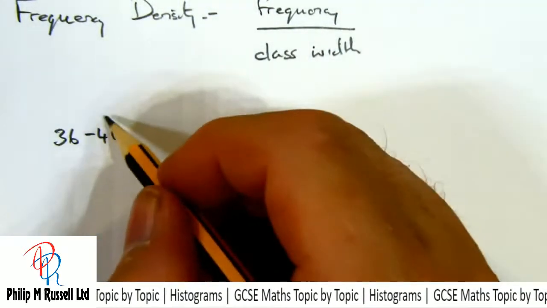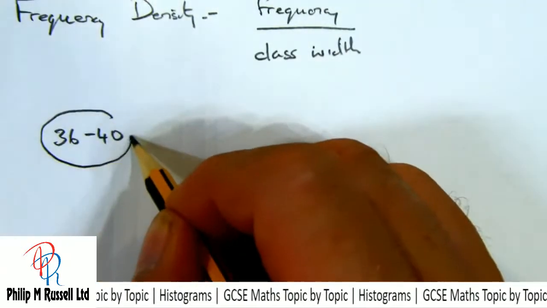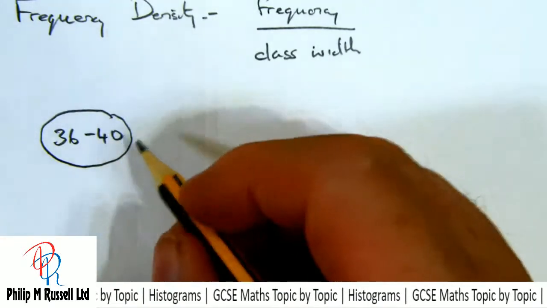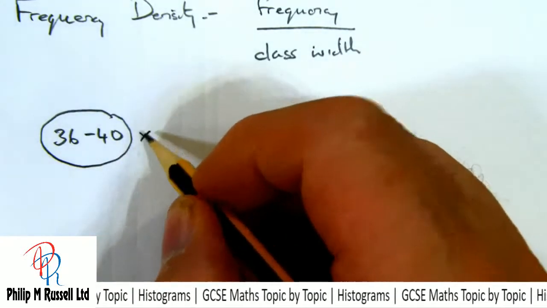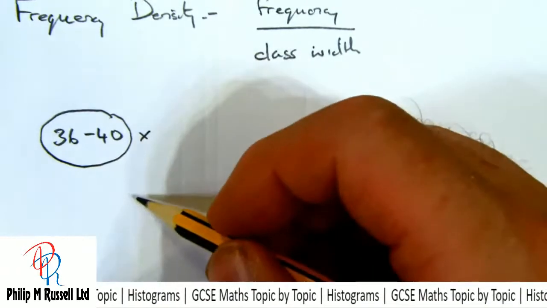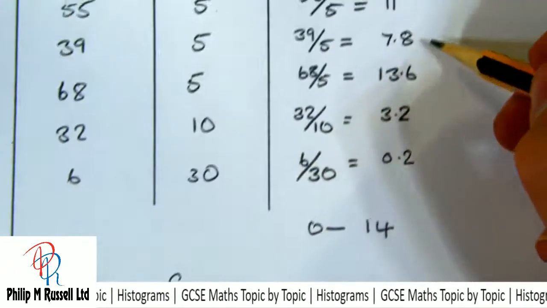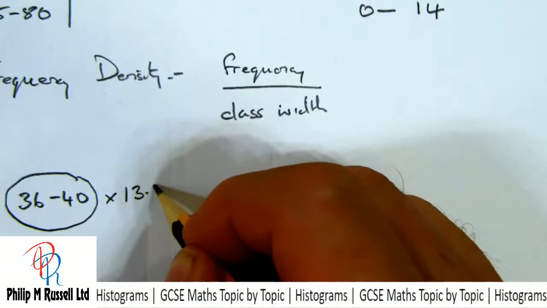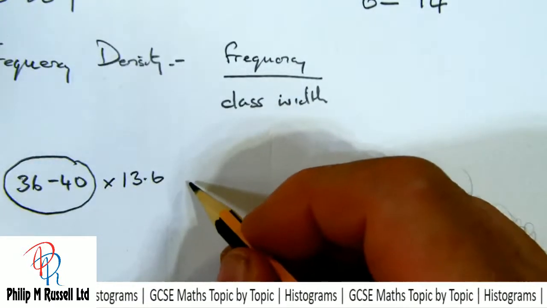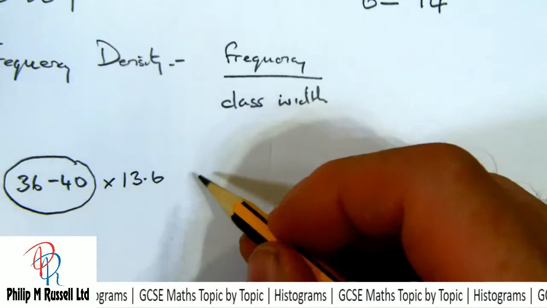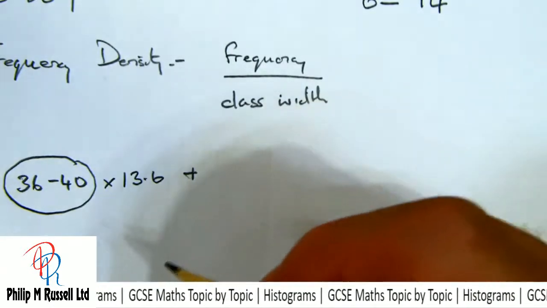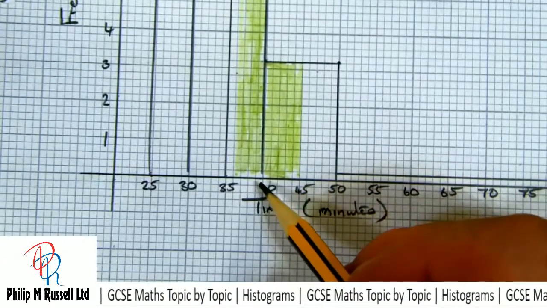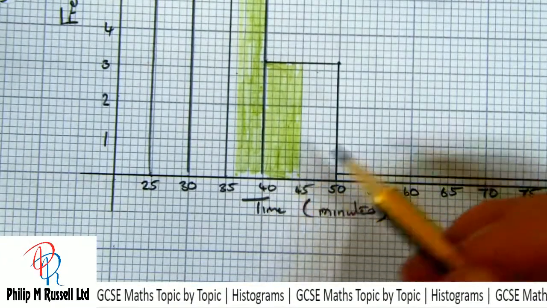And that range here is going to be multiplied by the height, which we said earlier was 13.6. And I'm going to then add that to the next bit, which is all those students from 40 to 45.